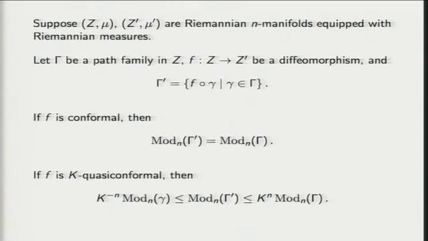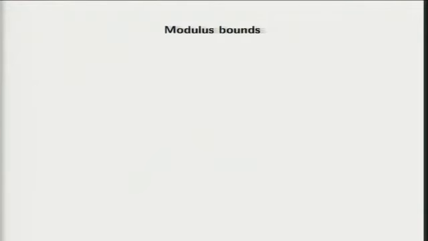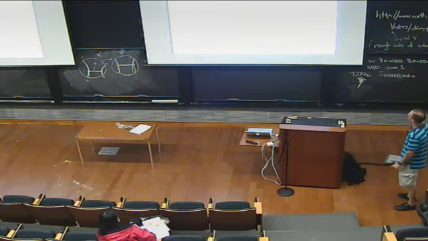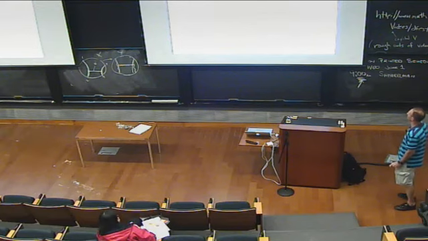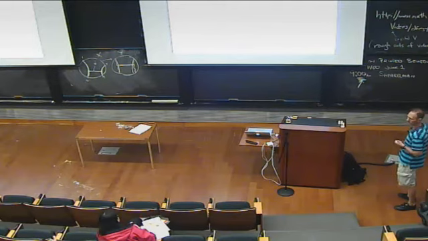The point is that it links the infinitesimal, or small-scale, behavior of a mapping with the bulk or macroscopic behavior of the map. So you can see this by looking at bounds on the modulus of certain families.